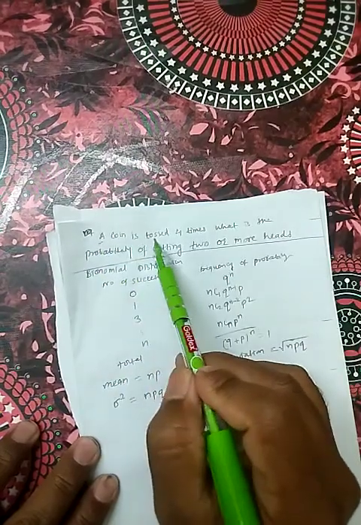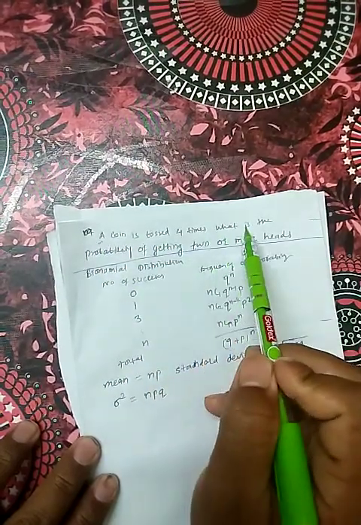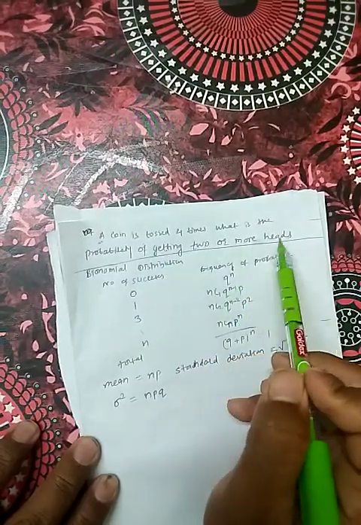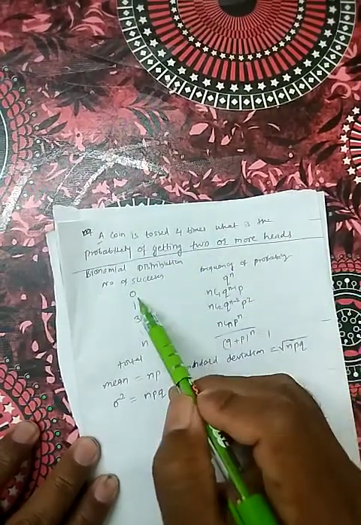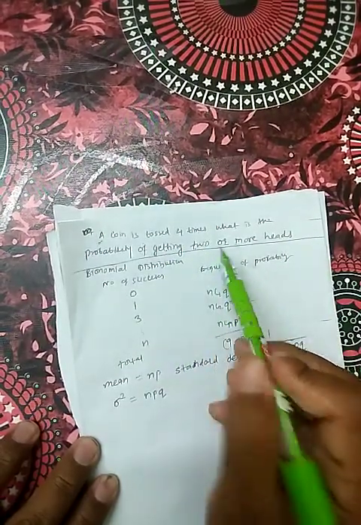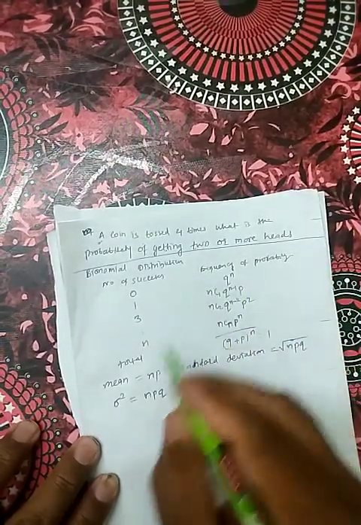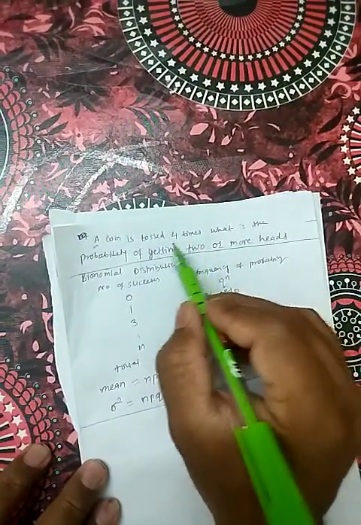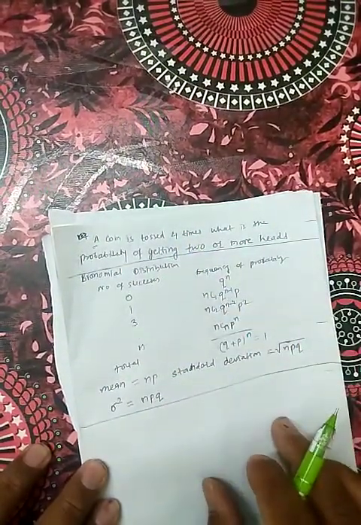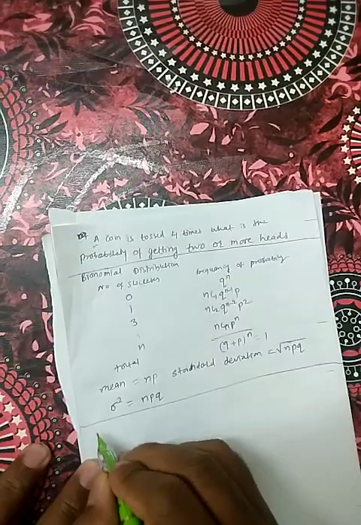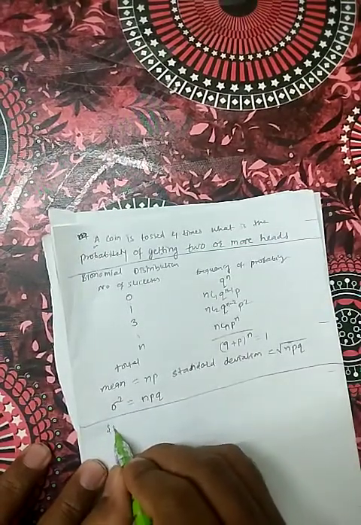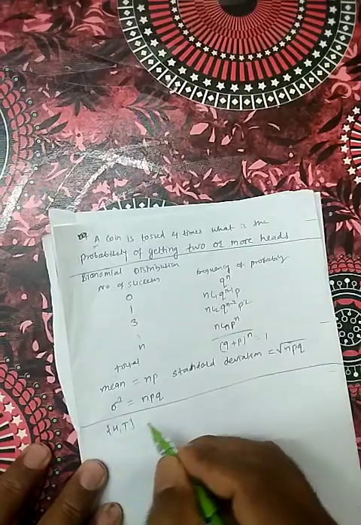A coin is tossed 4 times. What is the probability of getting 2 or more heads? Means number of successes 2 or more than 2, means 2, 3, 4, up to 4 heads, because coin is tossed 4 times. Let us calculate probability of getting head and tail.